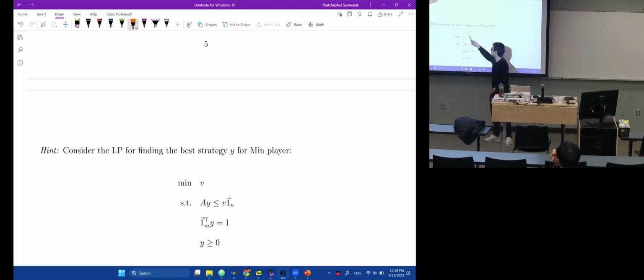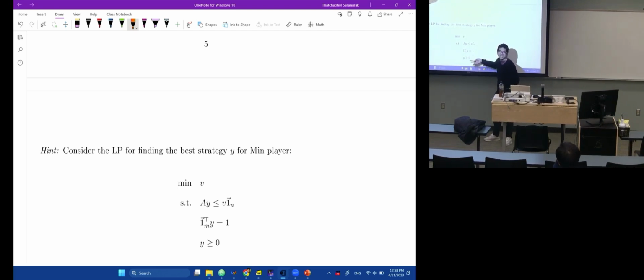You can write it like this. You want to find Y such that for every row of AY, this is minimized. So you want to minimize V such that every row of AY is at most V. And Y should look like a distribution.